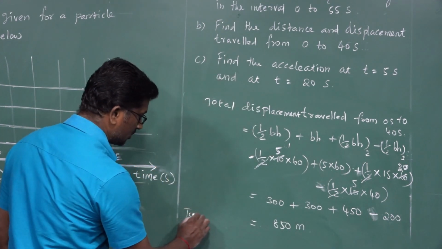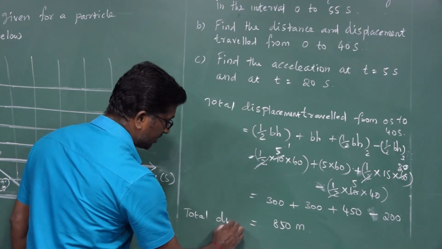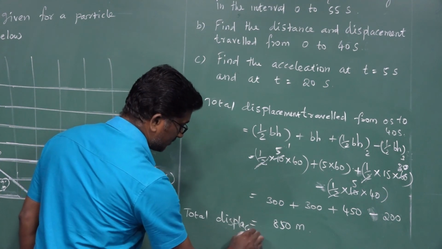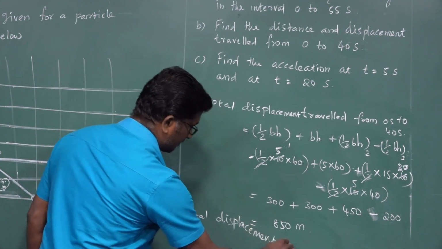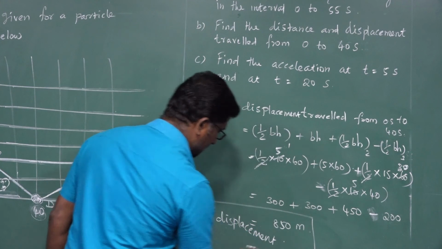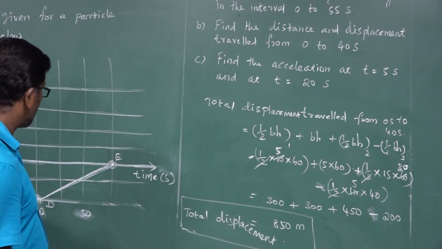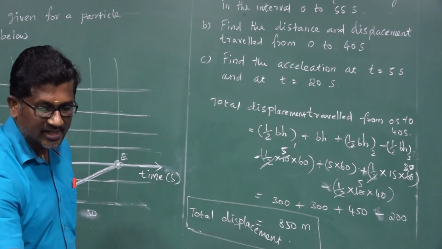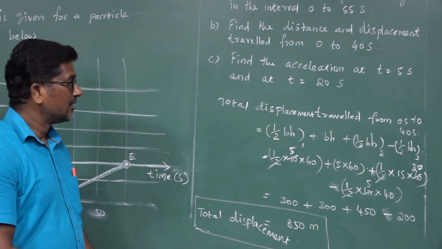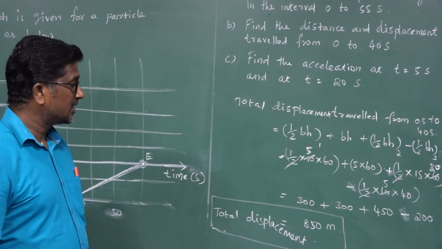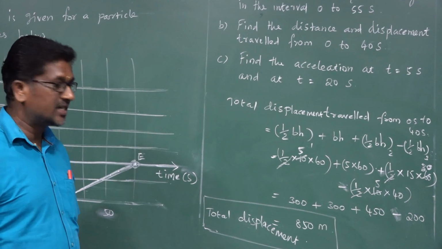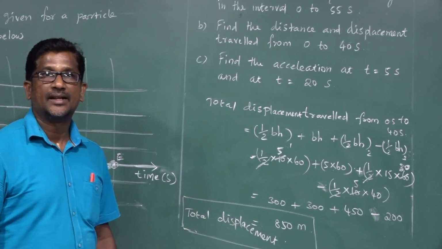So this is total displacement. The total distance traveled by the particle from 0 seconds to 40 seconds is 1250 meter, whereas the total displacement covered by the particle is 850 meter.